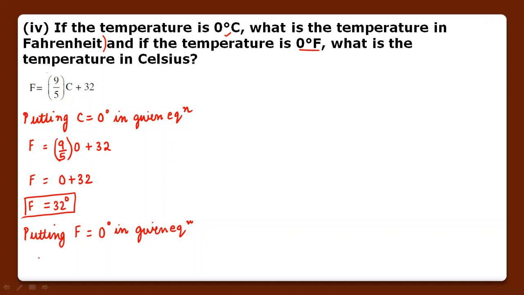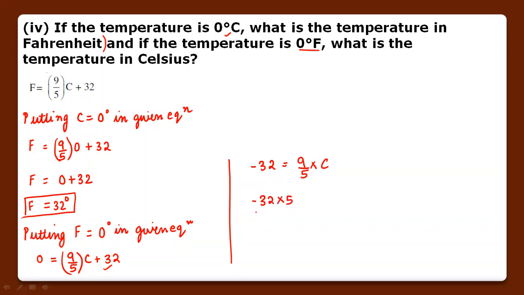So what will we get? 0 equals 9/5 into C plus 32. This plus 32 goes from the left hand side to the other side as minus. The remaining is here: minus 32 equals 9/5 into C. This division goes to the other side and becomes multiplication.